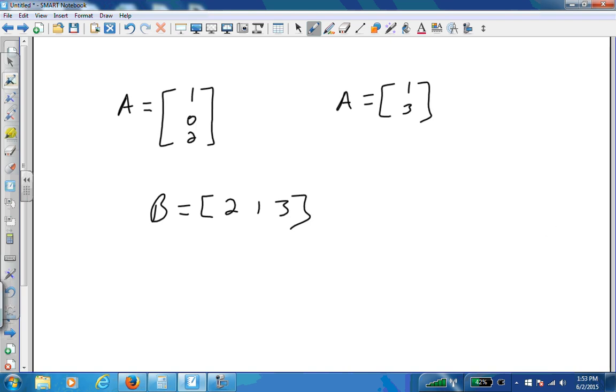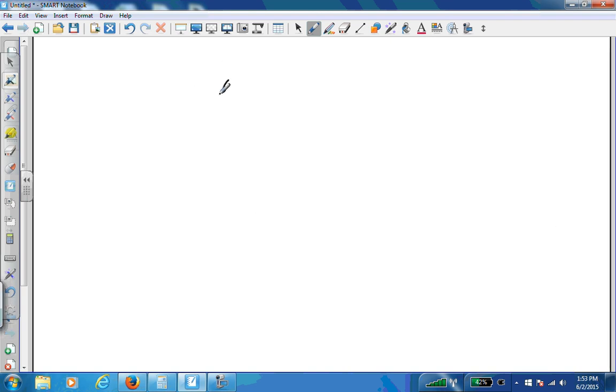So in order to add two matrices together, they have to be the same size. If A is a 3 by 2 matrix, then B would also have to be a 3 by 2 matrix. And the reason for that is the way we add two matrices together is we add corresponding components.